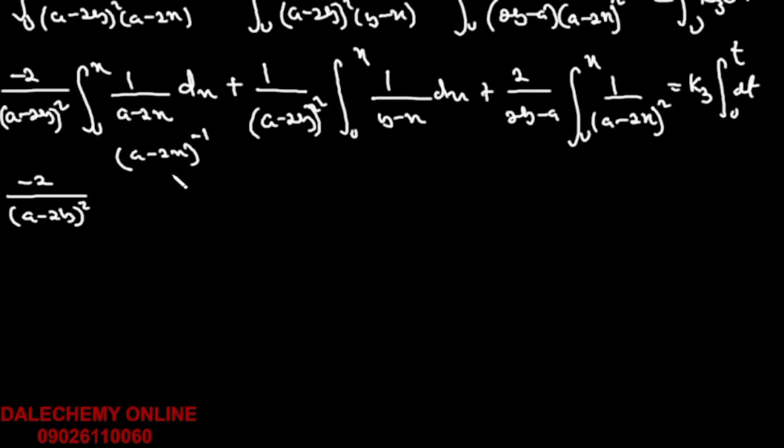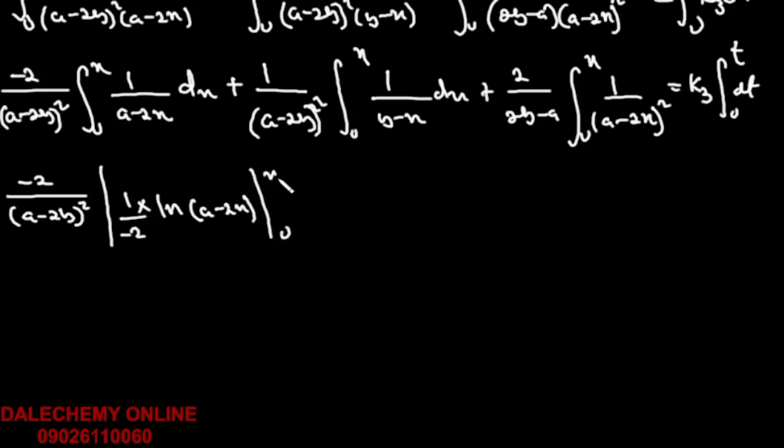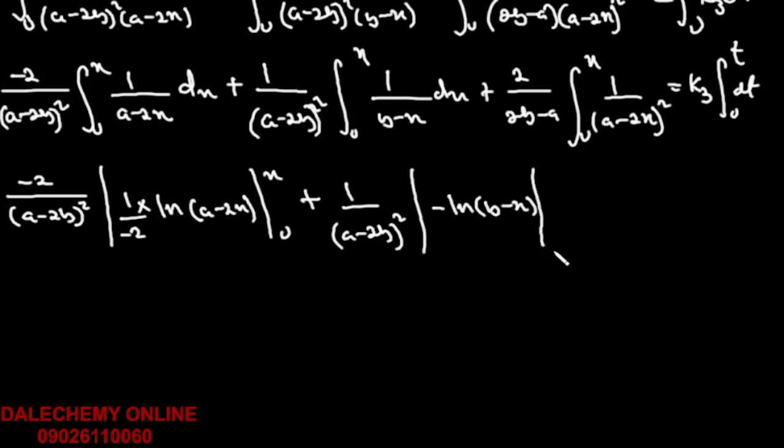The integration will simply be ln(a minus 2x) divided by the differentiation of minus 2x, which is minus 2, from 0 to x, then plus 1 over (a minus 2b) squared. Of course, this will simply be minus ln(b minus x). Again, if you do not understand, revert to the first video I made on the review of integration and differentiation.